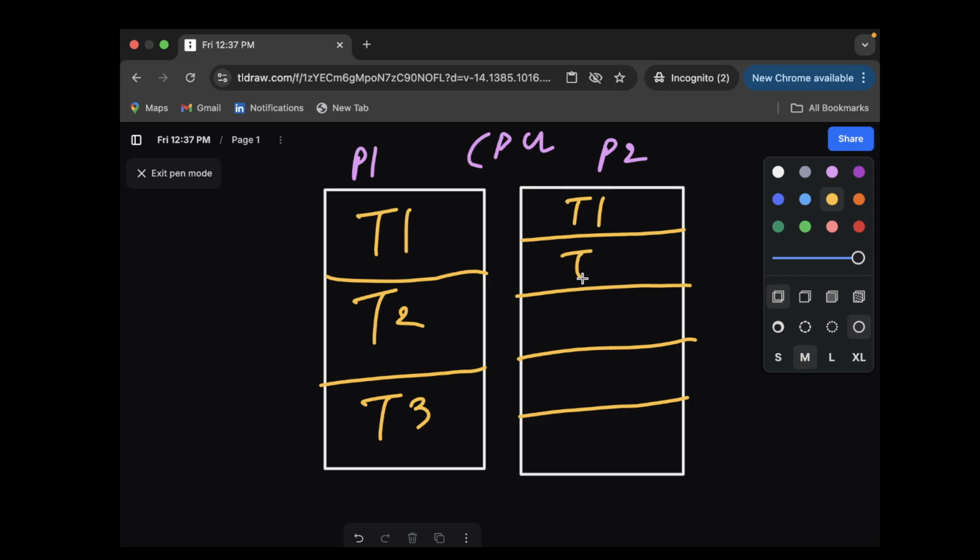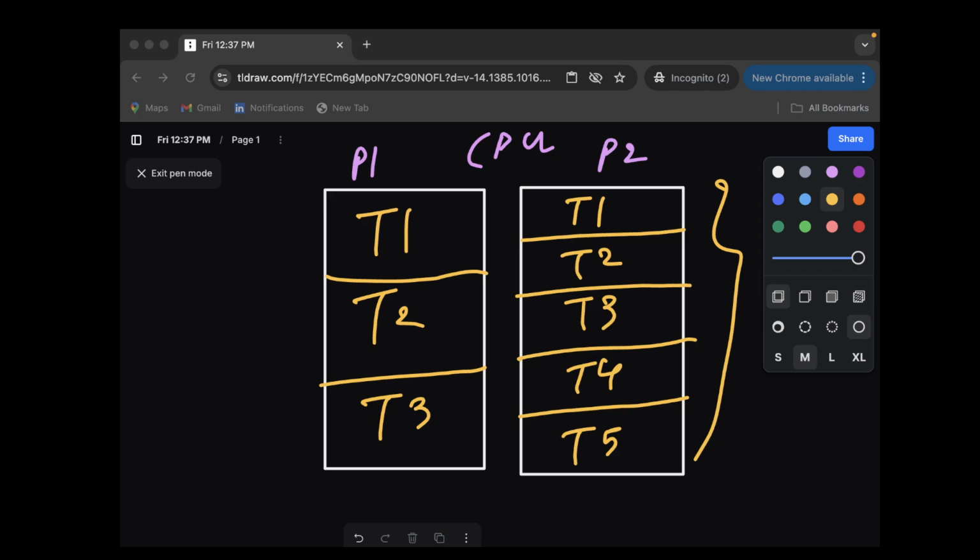This is T1, T2, T3, T4, and T5. That is how multi-threading is going to work. Multi-threading gives us the smallest unit possible in our process, right?